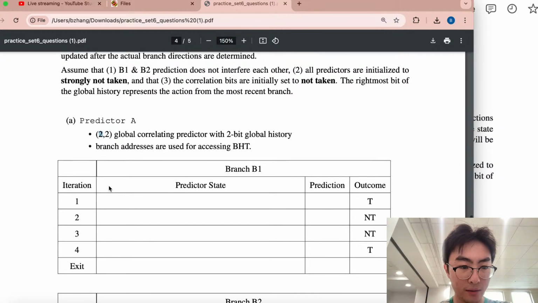And then we have a two global correlating predictor with a 2-bit global history. So I think that means we have 4 prediction states, and for each of these prediction states we have two bits to represent the state.